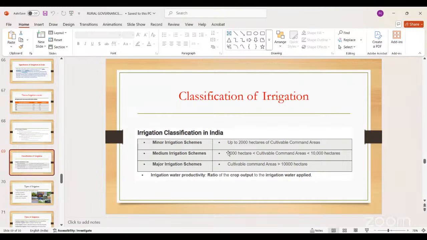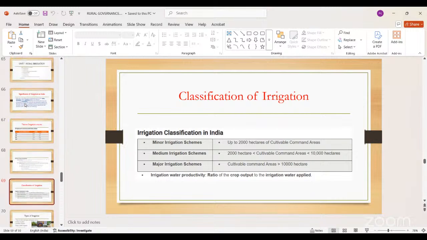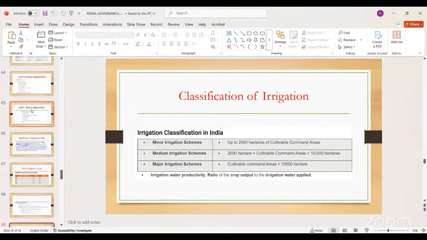Medium irrigation schemes have a cultivable command area greater than 2,000 hectares but less than 10,000 hectares. Major irrigation schemes have a cultivable command area greater than 10,000 hectares, right? And irrigation water productivity is the ratio of the crop output to the irrigation water supply. Okay, so this I wanted to clear.